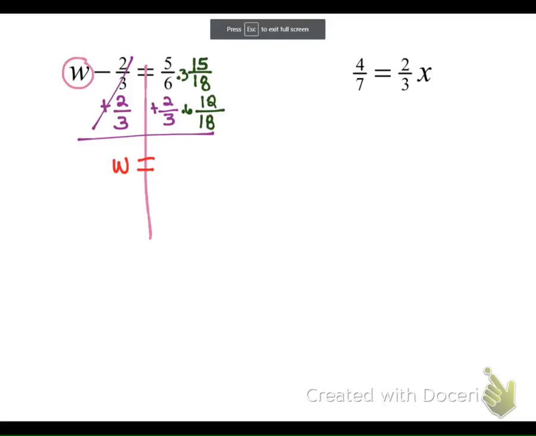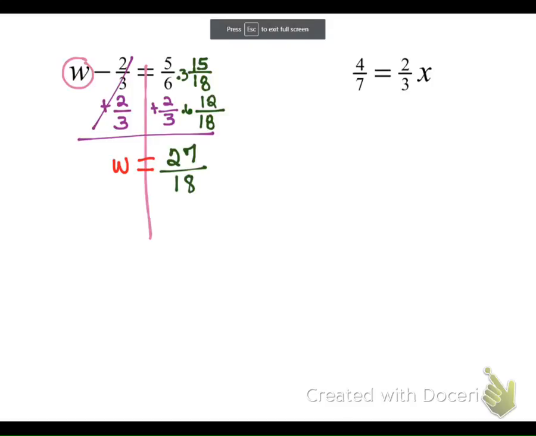All right, now that I have common denominators, I can go ahead and add my numerators together. So what's 15 plus 12? 27 over 18. Can that be reduced?